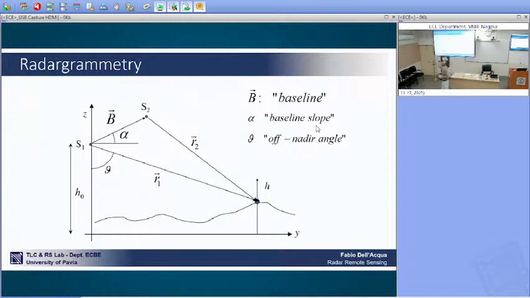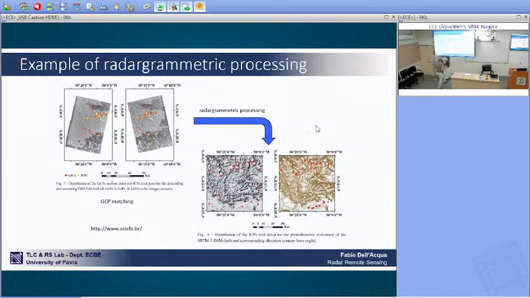You can improve it a little bit. There's a discipline which is called radargrammetry, which does exactly that. So it tries to optimize the measurement of the height, and so you can combine different radar images to come up with a 3D representation of the area which is being imaged.